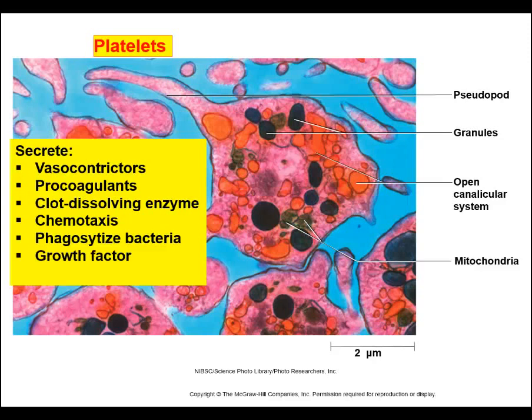Growth factor: secreting growth factor in the situation where you have a tear in the capillary wall, in the endothelium. What would we do? Well, stimulate healing. And then these platelets are going to participate in platelet plugs.